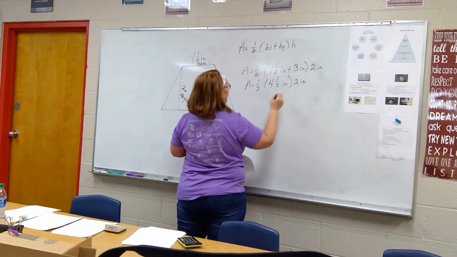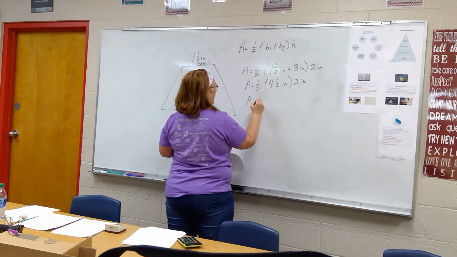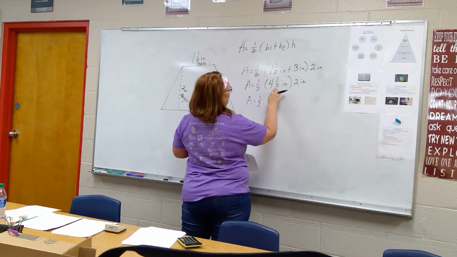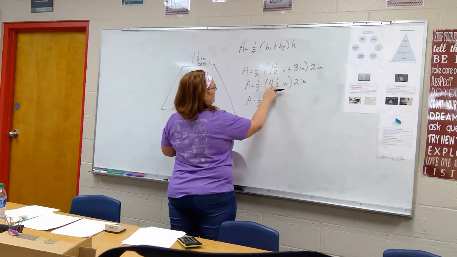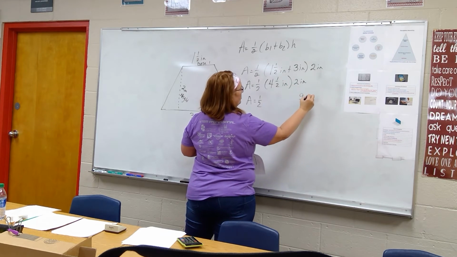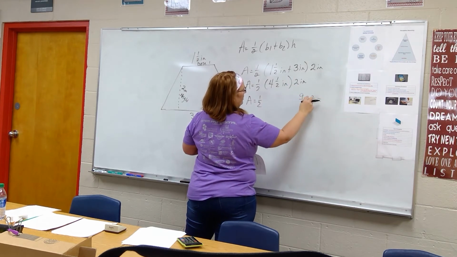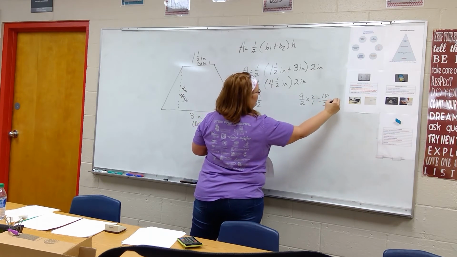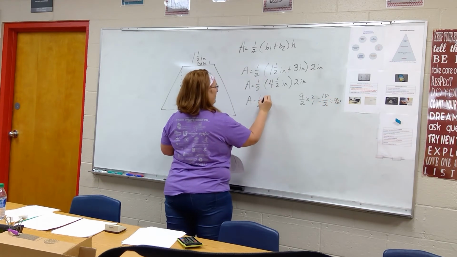Multiply that by 2 inches. So area equals half. Whenever I multiply this together, 2 times 4 is 8, plus 1 is 9. 9/2 times 2. 9 times 2 is 18 over 2. 18 divided by 2 is 9 inches squared.